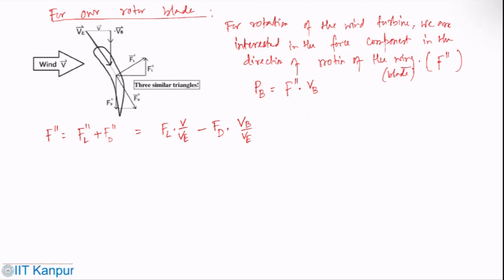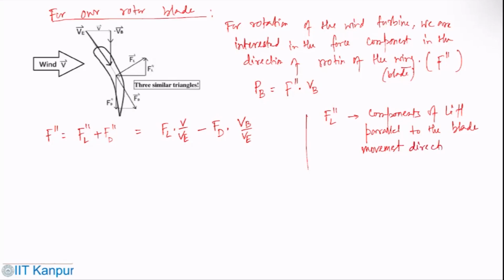So FL double prime is the components of lift parallel to the blade movement direction, and FD double prime is the components of drag parallel to the blade movement direction.